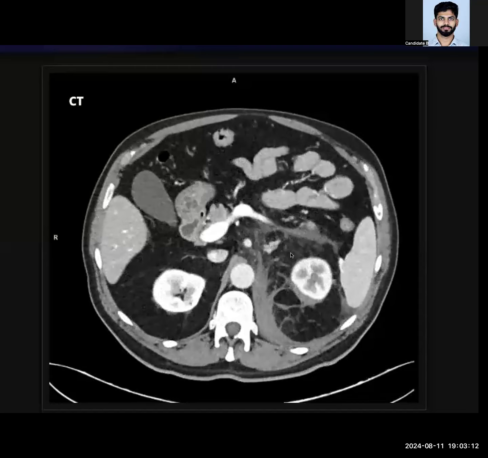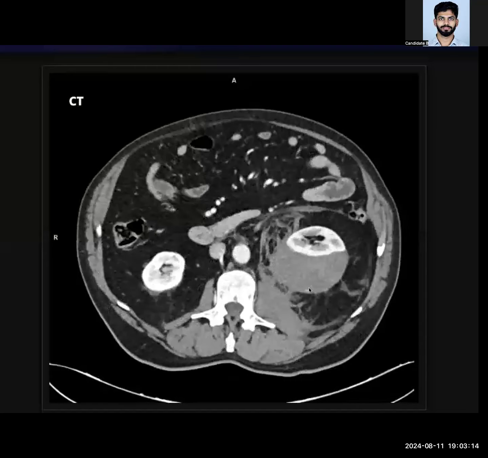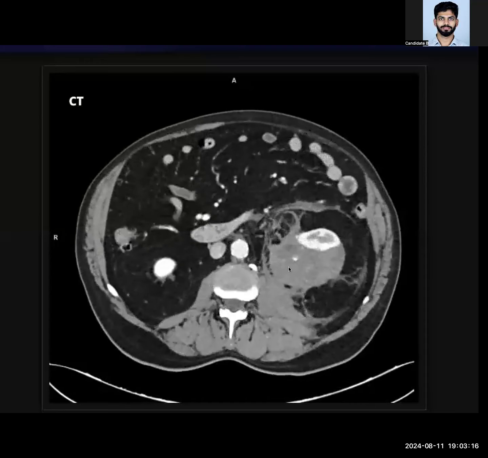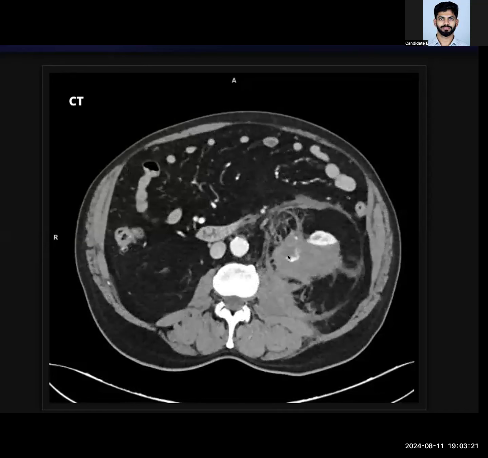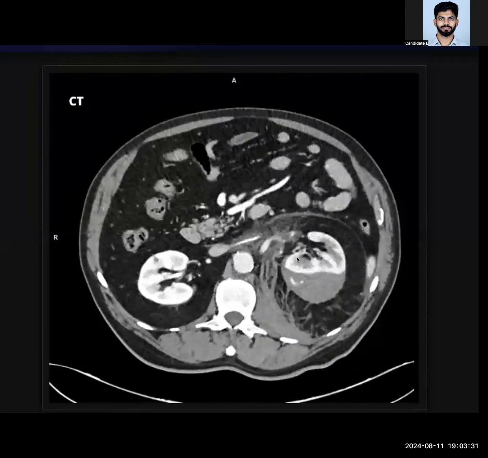So this is a perinephric hematoma with mass effect on the kidney. In my routine practice I would compare with the subsequent sequence to see whether this active extravasation area is increasing in concentration or not.